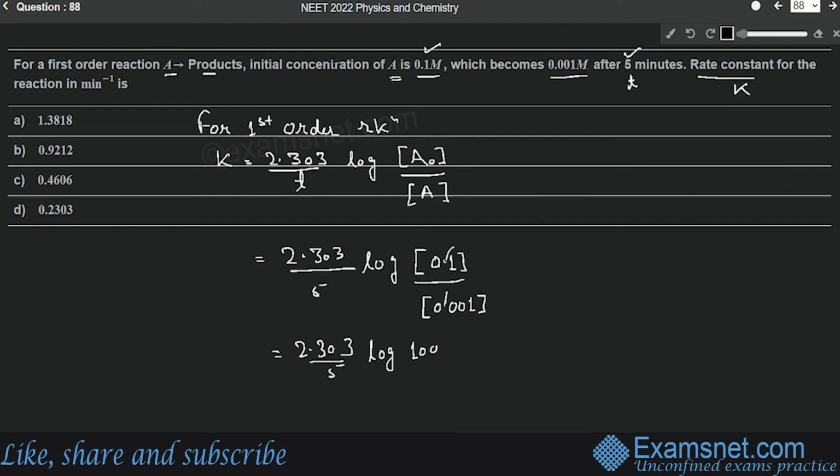Log 100 is 2, because log 100 means log 10 to the power 2, so that will be equal to 2. So here we'll get 2.303 divided by 5 into 2. On solving this, we'll get 0.9212, and the unit will be per minute. So out of the given options, option B will be the correct answer.